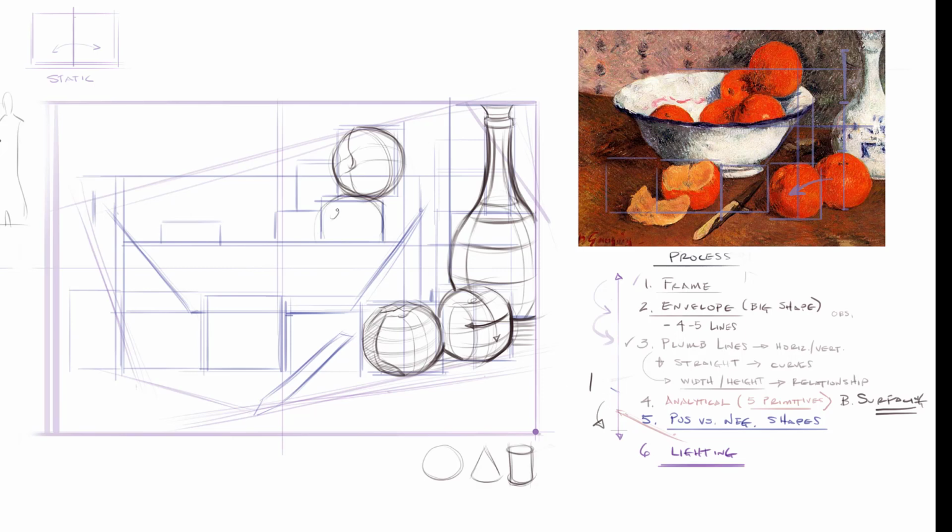As far as a philosophy to this process, if it helps you to think about what it is that I'm doing, I'm always starting at the biggest concerns. What's the frame? What's the big shape of everything that sits there? How are those things proportioned? And then to the individual. So it's always big to small.